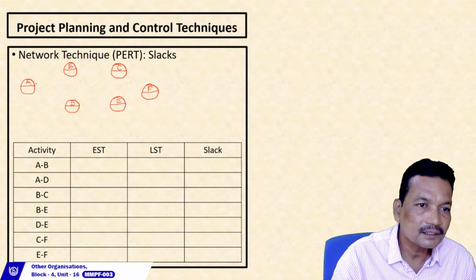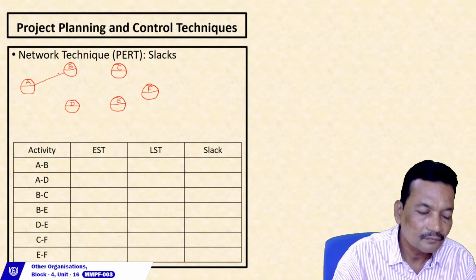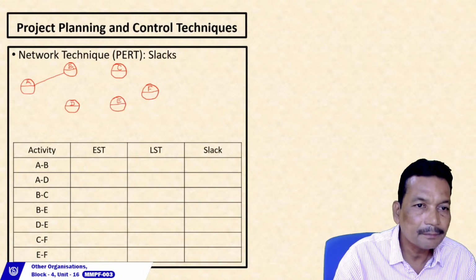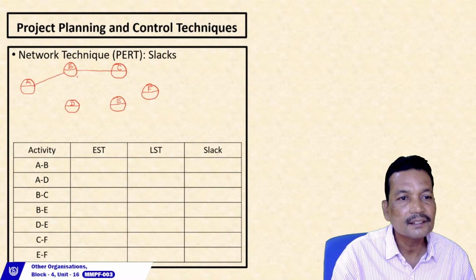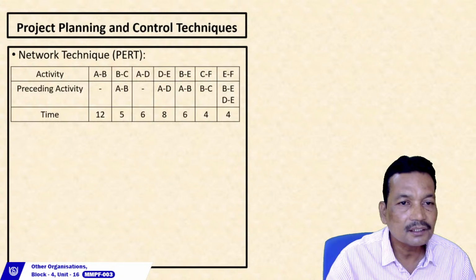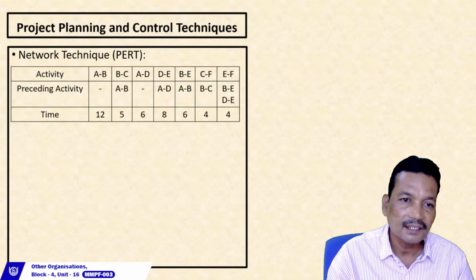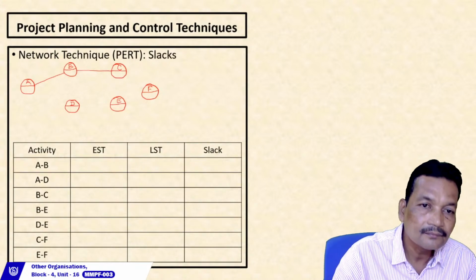If I look at the precedence, then we have activity AB, activity BC. Before BC, AB should be there, so we should maintain it.